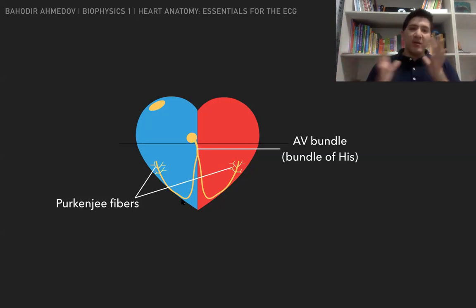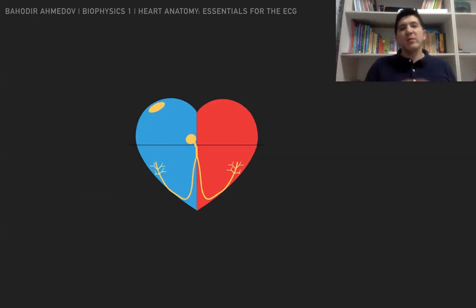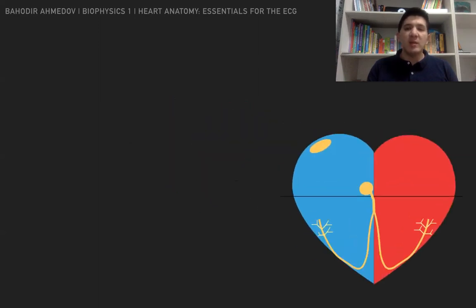Then after a while, everything becomes negative, so it basically repolarizes. This is how the signal is transmitted in the heart. We are going to talk about these four parts of the electric conduction system in a little more detail.